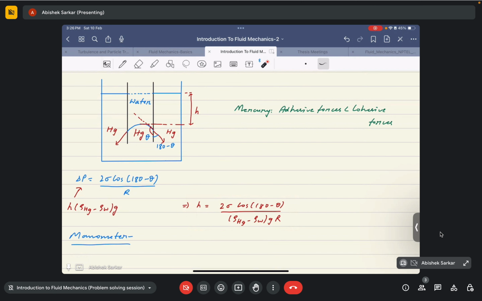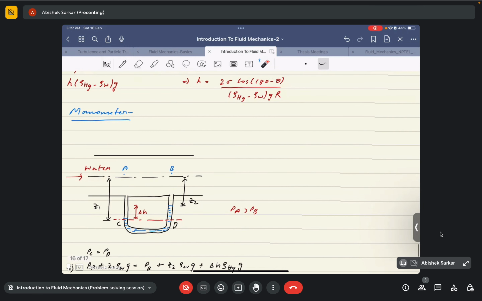It's basically a force balance between the weight of the liquid within this column and the surface tension force between the mercury molecules and the glass surface. It is highly suggested that you revisit the derivation so that it's fluent for you to go through such problems.